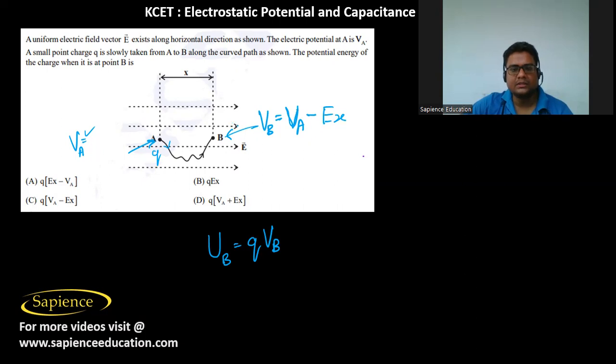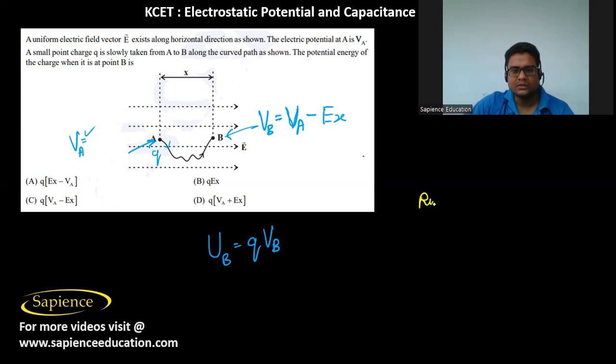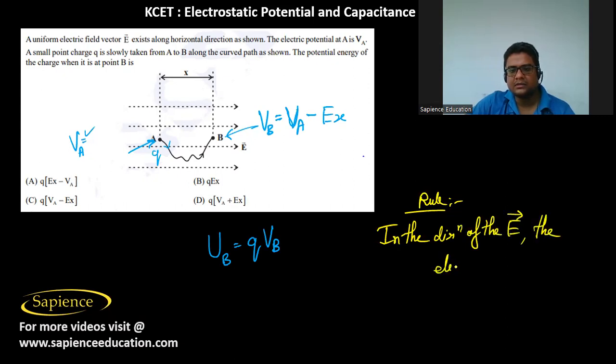We know that in the direction of the electric field, the electric potential always decreases. So this rule we have to use.